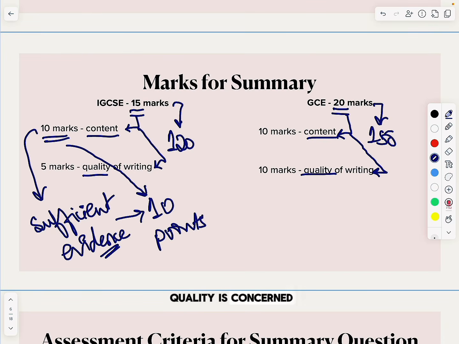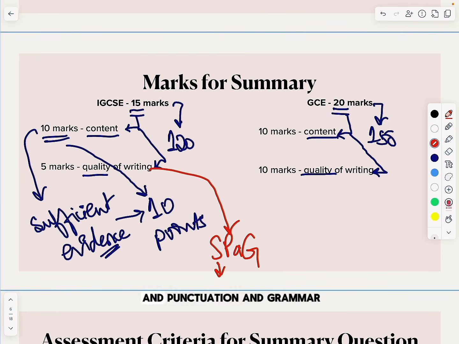But as far as quality is concerned, generally speaking, we are looking at SPAG. SPAG stands for spelling, punctuation, and grammar, which generally incorporate everything that we have. Spelling errors, wrong or inconsistent spellings may end up costing you marks.